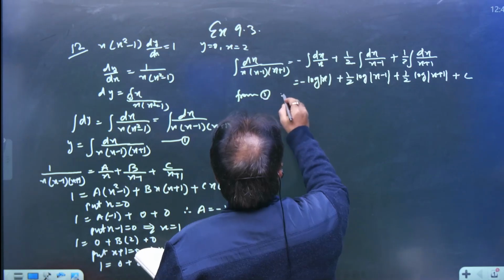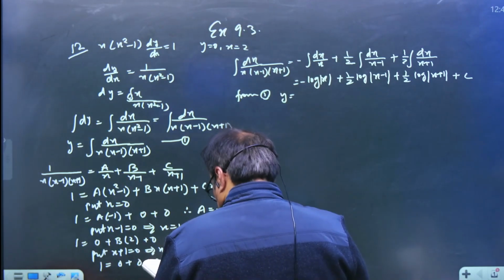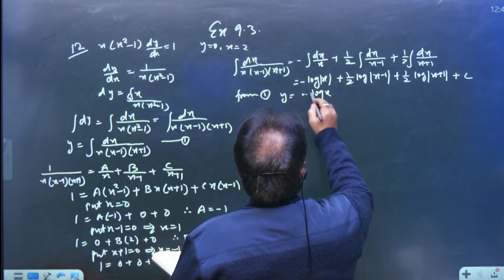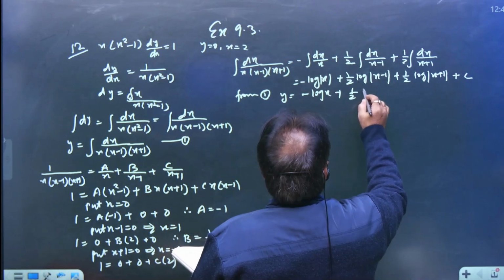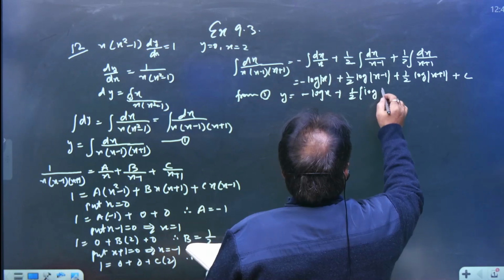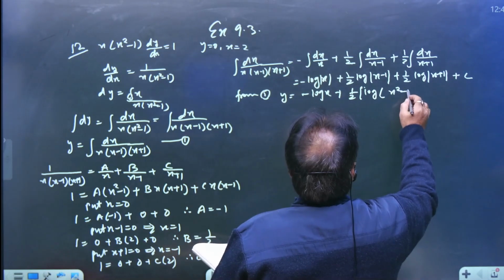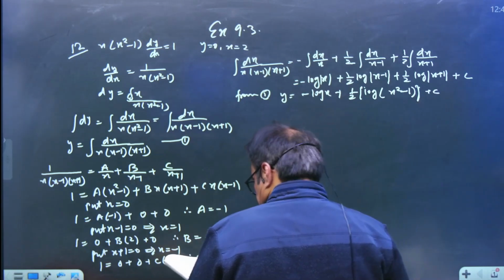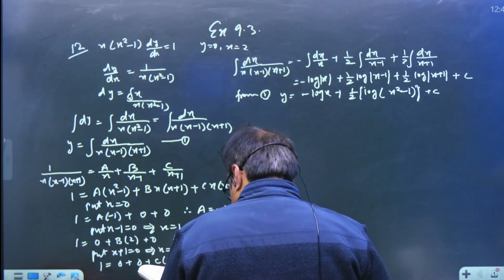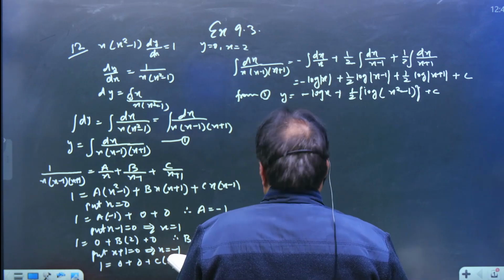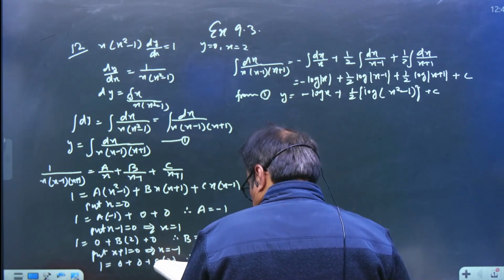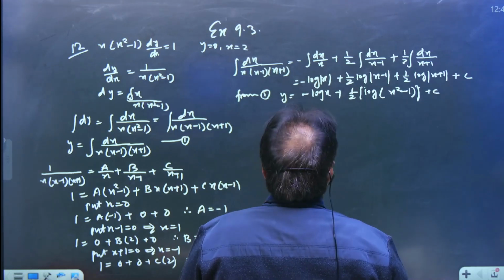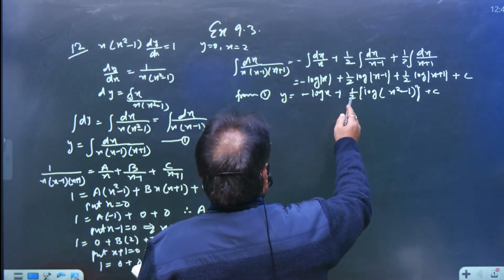So from first, y is equal to minus log x and plus 1 by 2 log of x minus 1 x plus 1, this is x square minus 1 and plus c. Okay, and what we have to do now, this is 1 by 2.